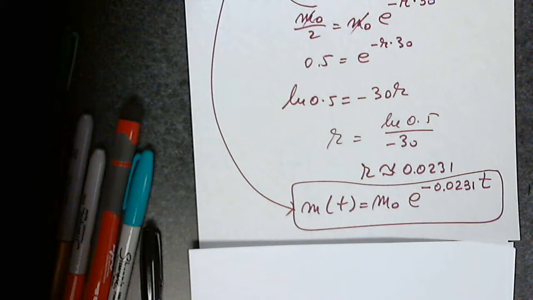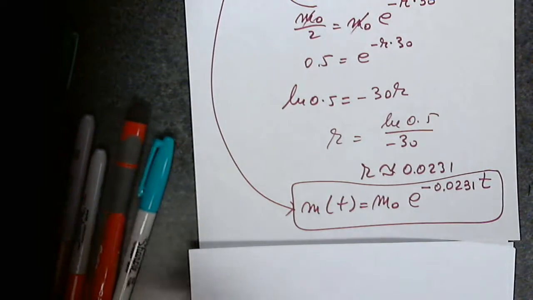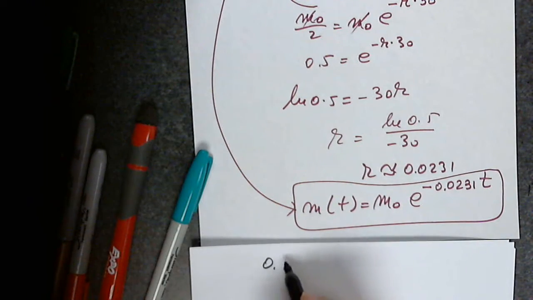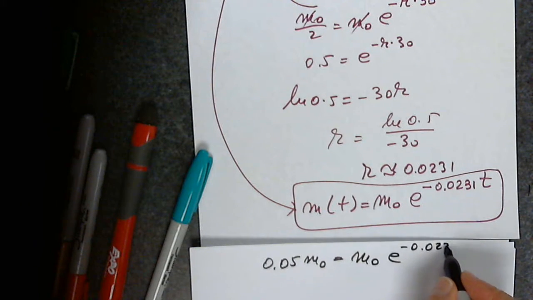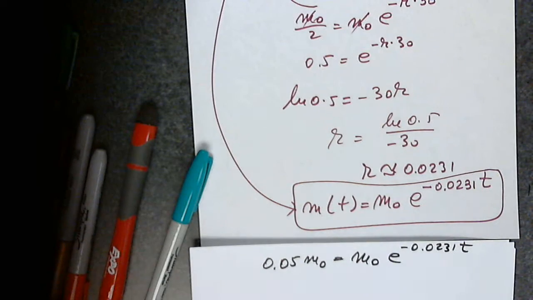What is left? 0.05 of what? Exactly, of m0. So 5% m0 equals m0 e to negative 0.0231 t. So 95% of the sample has dissipated. We are only left with 5% of the original mass.